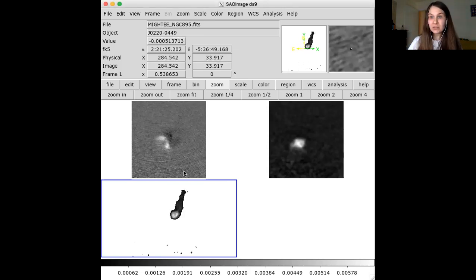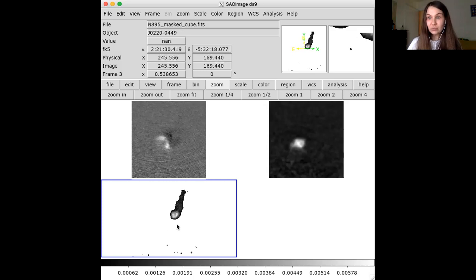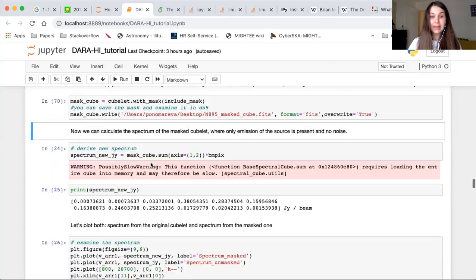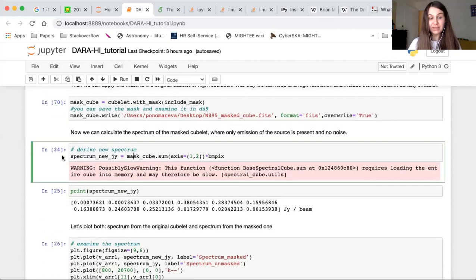So what we can do now, we can use this cube in order to create a spectrum just of detected HI emission without contribution of the noise. And this is exactly what we are doing here. We call it spectrum new in Jansky.